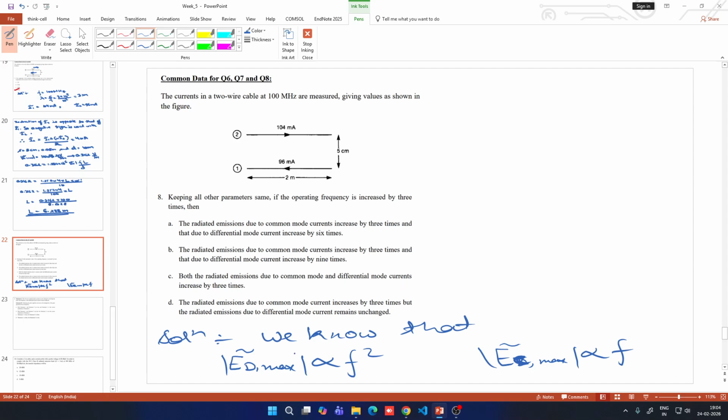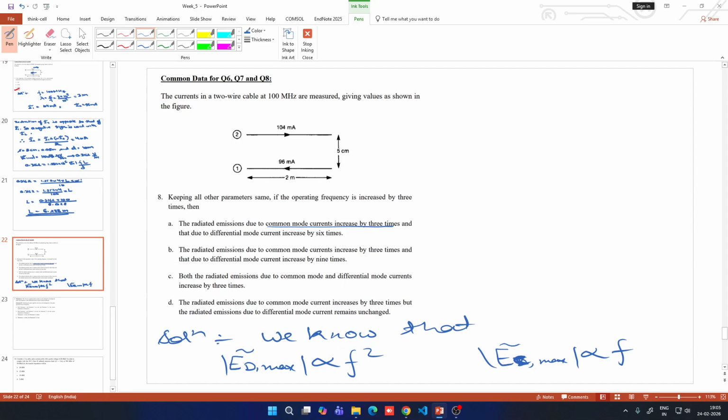Now option A says, what we have done is we have increased the operating frequency by 3 times. The radiated emission due to common mode current increases by 3 times, and due to differential mode current increases by 6 times. So in option A, the first part is correct. The common mode current is increased by 3 times because it's directly proportional to F. But in differential mode current, the radiated emission will not increase by 6 times.